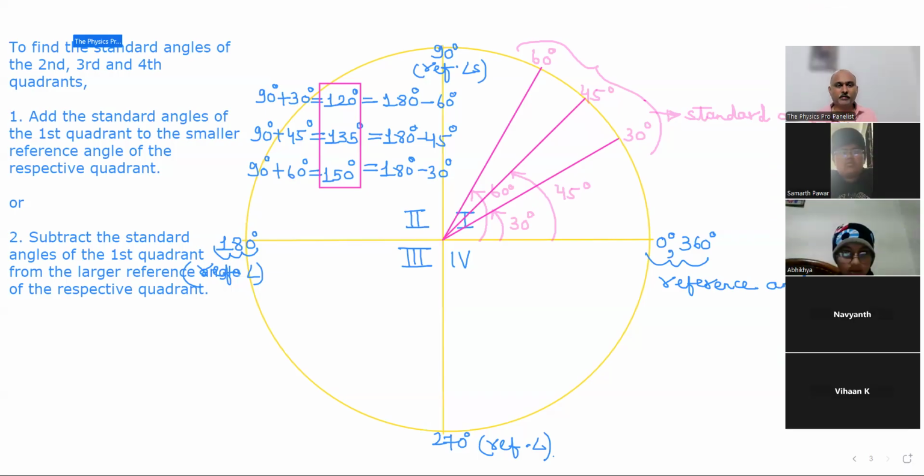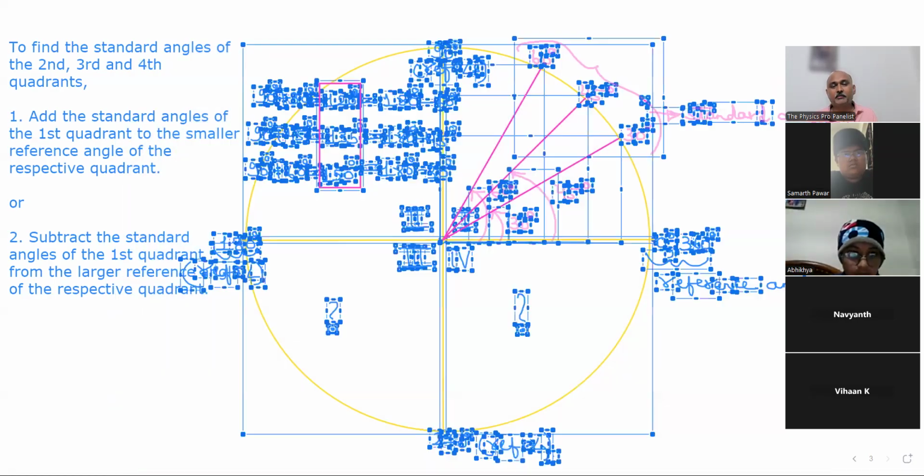So now if you have understood, kids, please find, before you write this down, the standard angles for the third quadrant and fourth quadrant following these two rules. And please write the answers in the comment window.